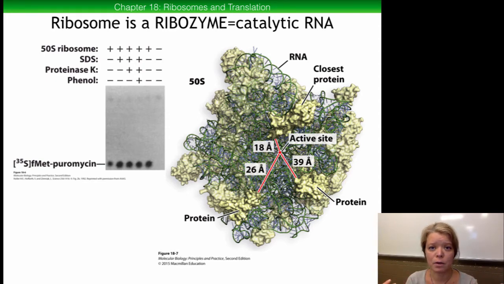So the ribosome is a ribozyme. The RNA inside the ribosome is the catalytic part of the ribosome.